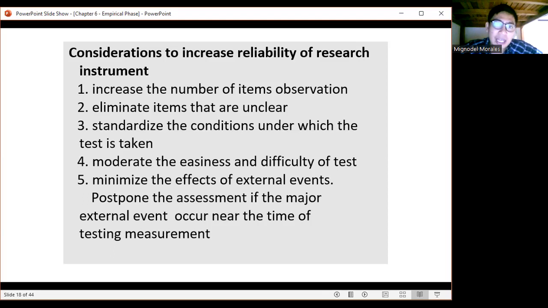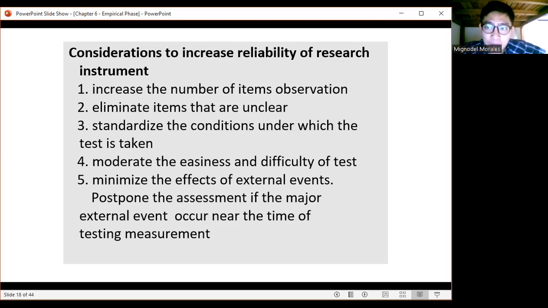Okay? Eliminate items that are unclear. If you have double negative words, kaya if you may not to except, 'di ba? So this is confusing, okay? Standardize the conditions under which the test is taken.